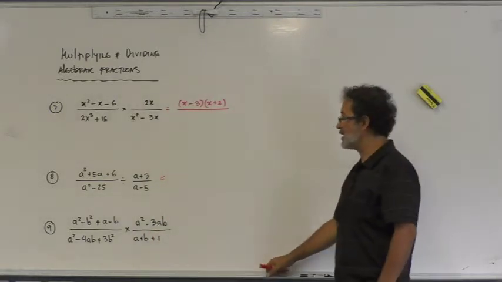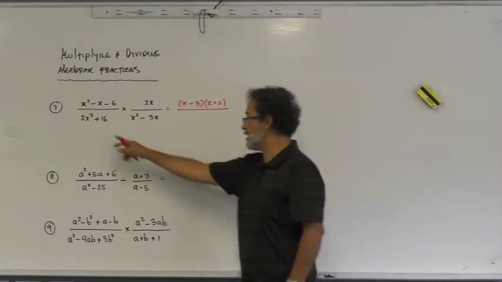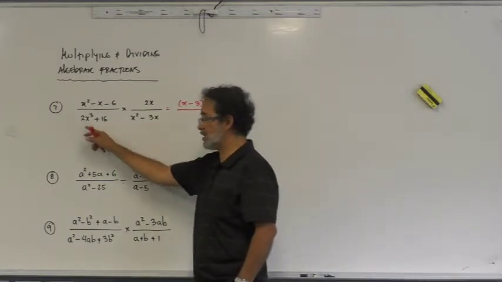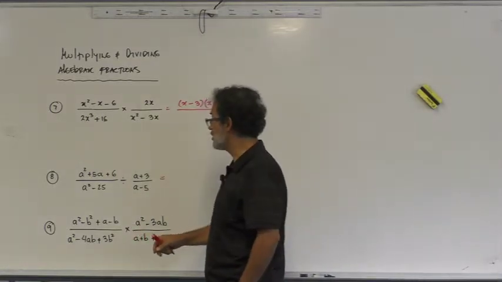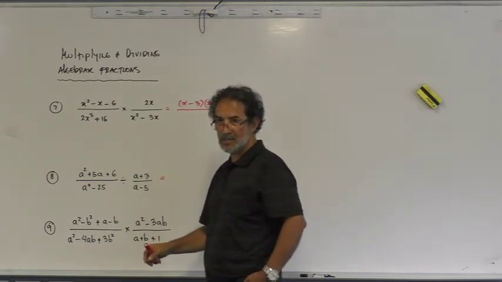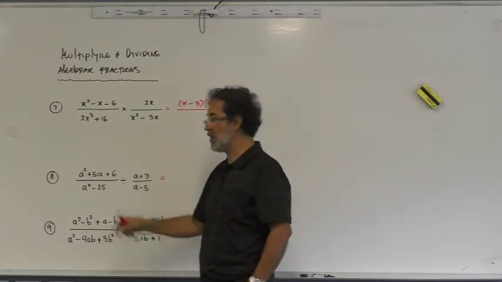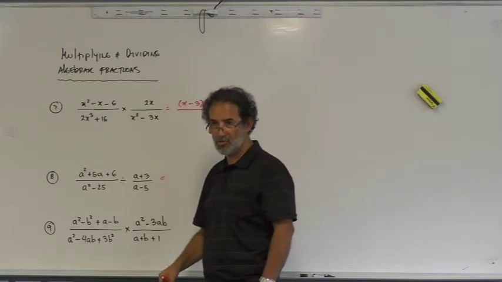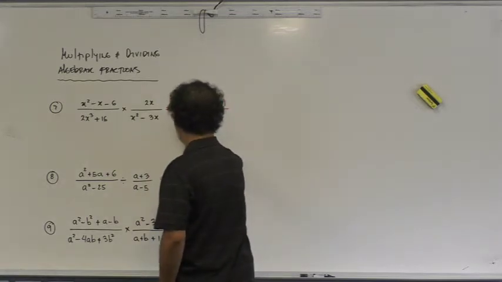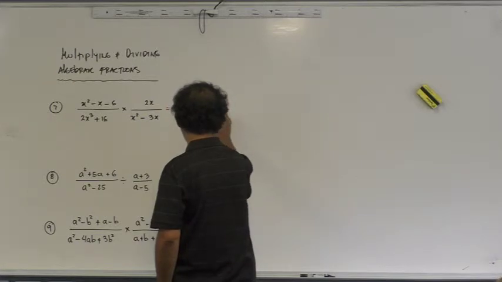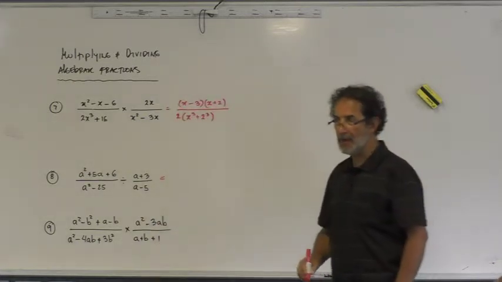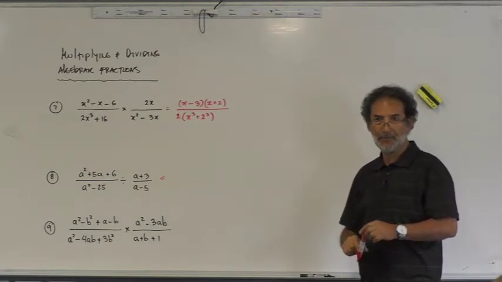All right, and then can you see that when you take the common factor from here, the common factor is going to be 2, x cubed plus 8. But we know that 8 is the same as 2 cubed. So you're going to do 2 and then x cubed plus 2 cubed. Are you okay with that? Yes.